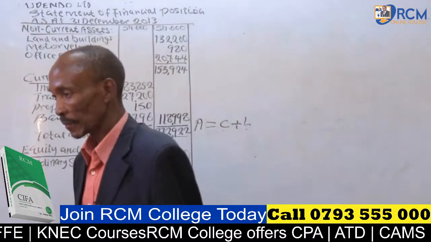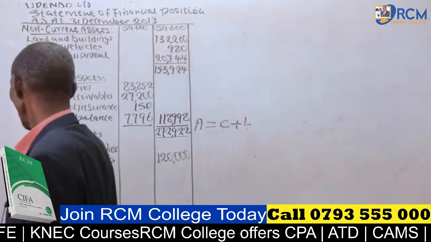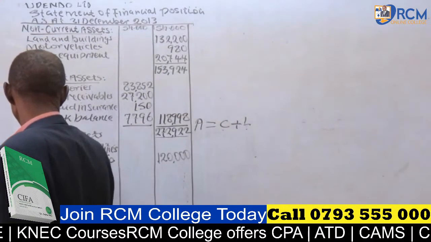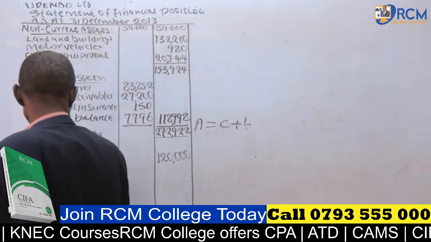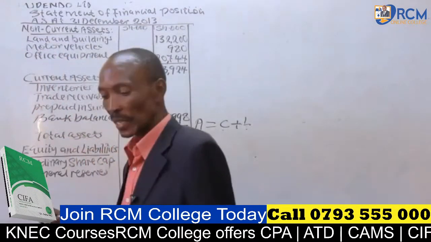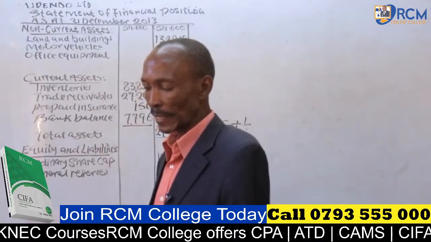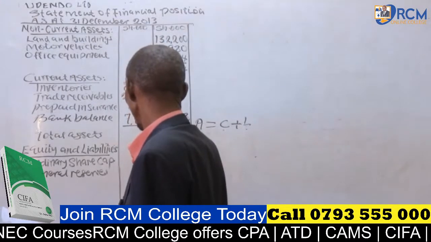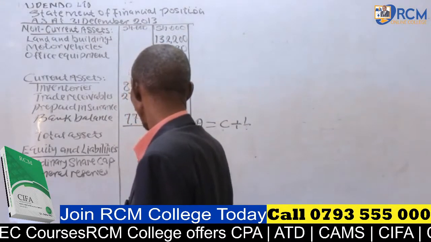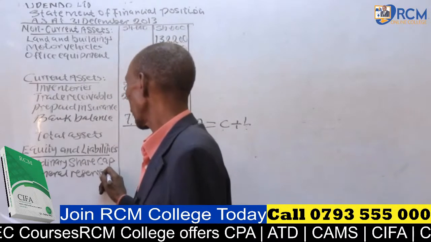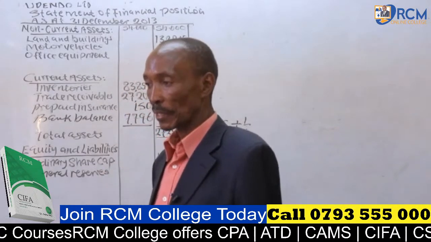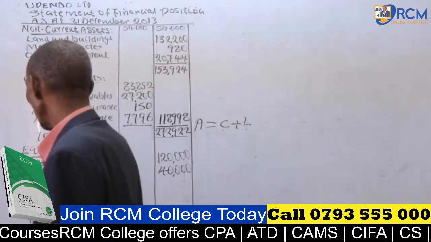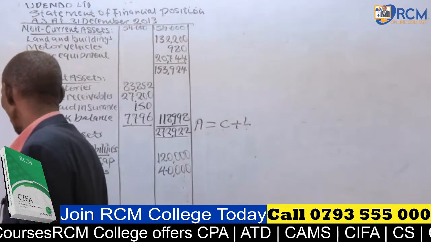Now to make the whole of the equity, we have general reserves. We said once the general reserves are added up, the previous plus the newly added, the general reserves will be 40 million. That is the general reserves we had at the beginning plus the amount transferred from retained earnings to general reserve.